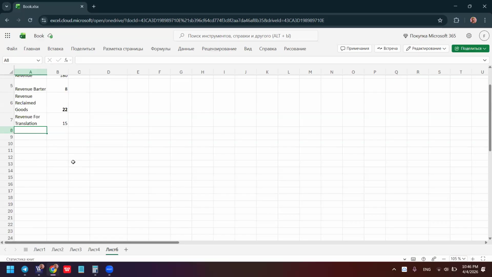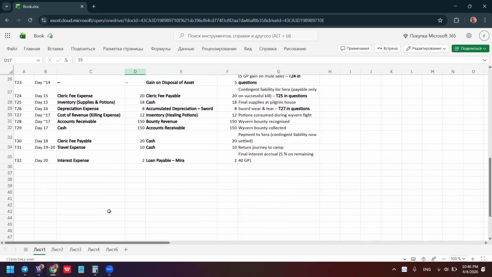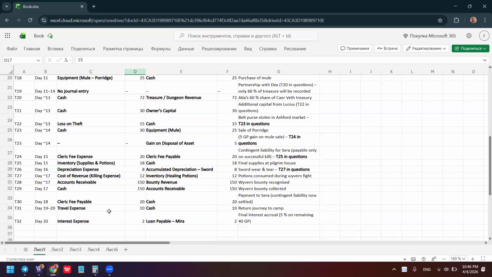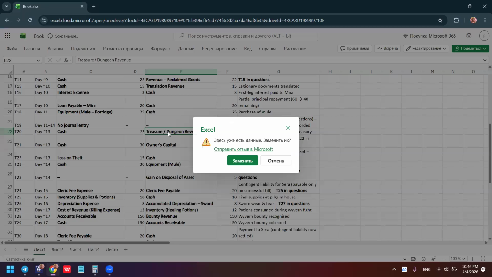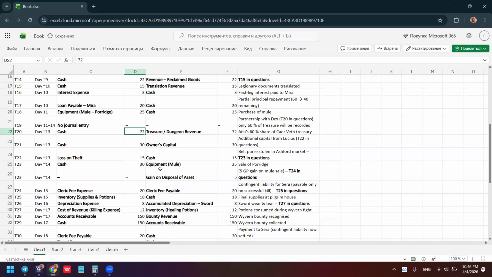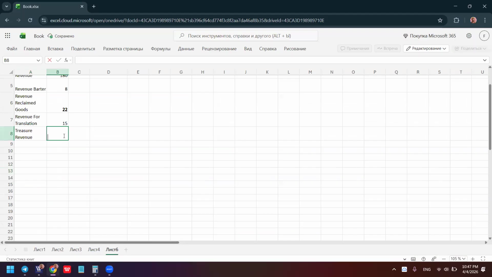So the next thing is another revenue. It was for this one. Treasure revenue. So we write here 72.